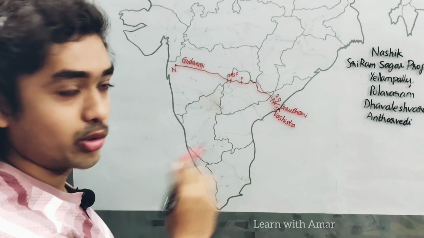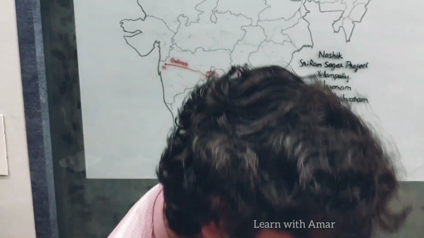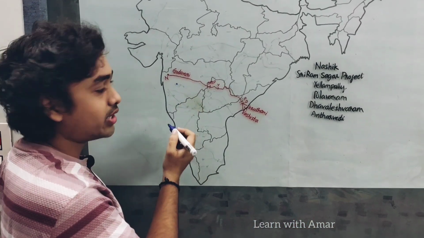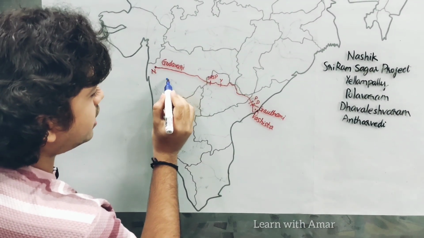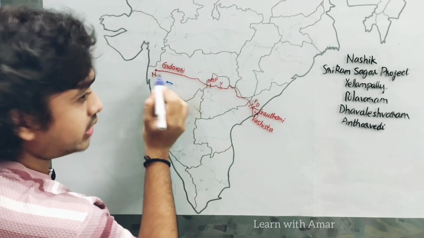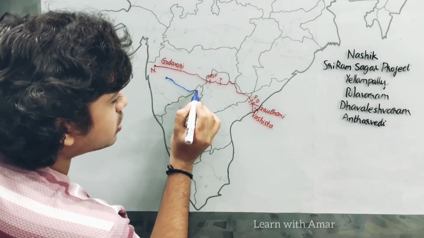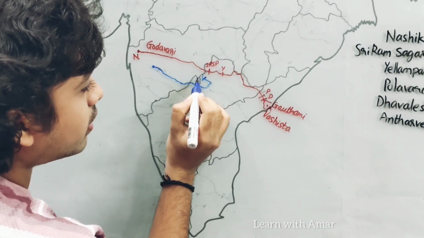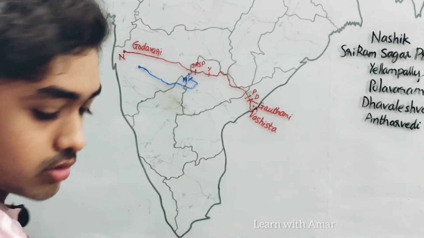Let us now look at the tributaries. We begin with the right bank tributaries. The first one is the longest tributary of Godavari. It is the Manjira. Manjira originates here in the Western Ghats in Maharashtra. It flows through Maharashtra, Karnataka, Telangana. We find the dam Nizam Sagar on this Manjira.